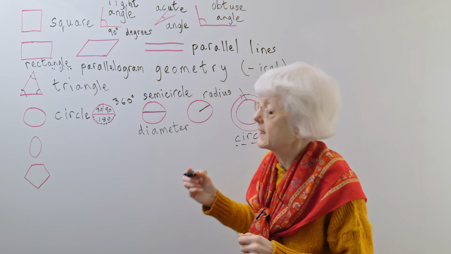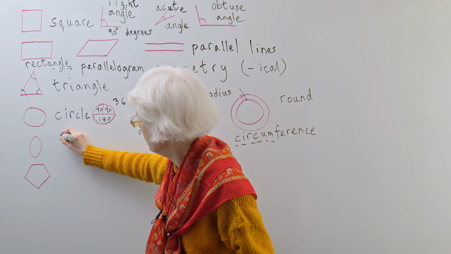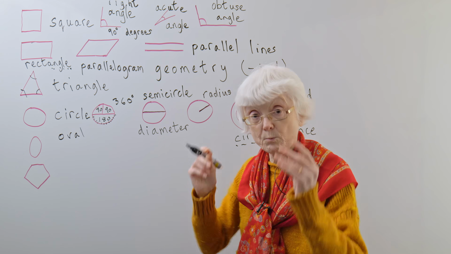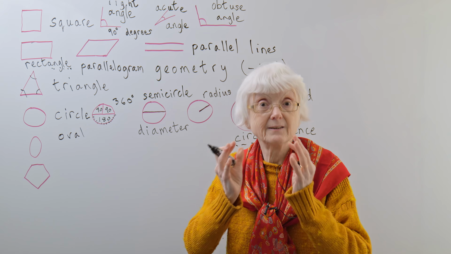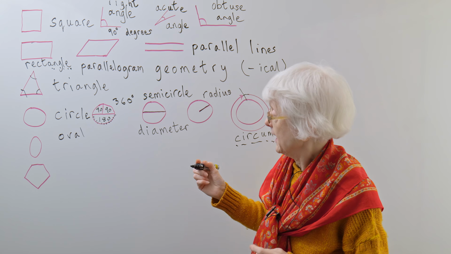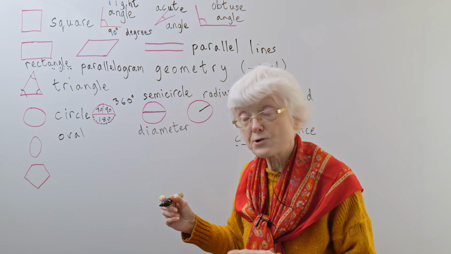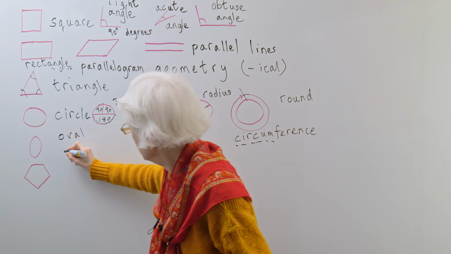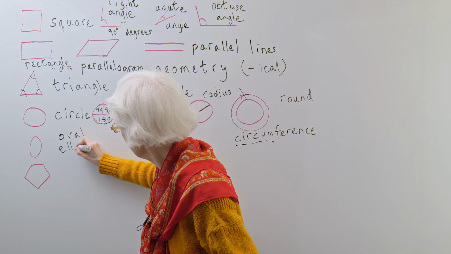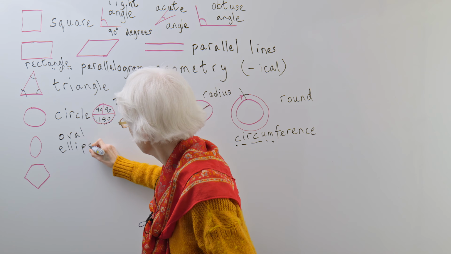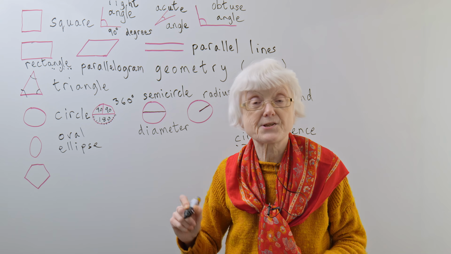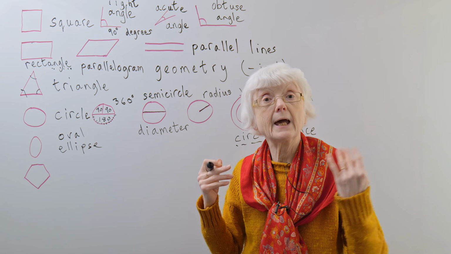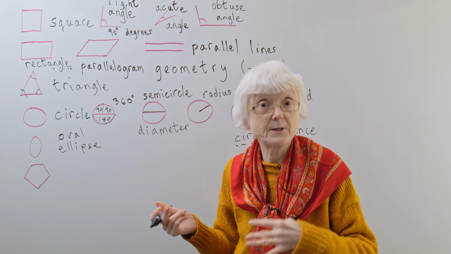So in the other lesson, I said you can call it an oval, which is a word that means like an egg, the shape of an egg. But in geometry, it has a more technical sounding name, which is an ellipse, and the adjective from that is elliptical.